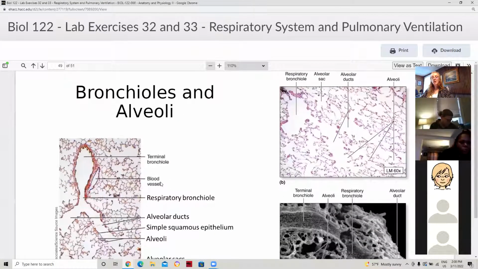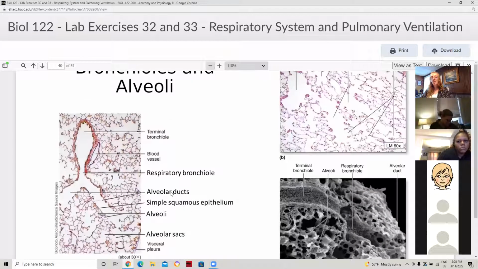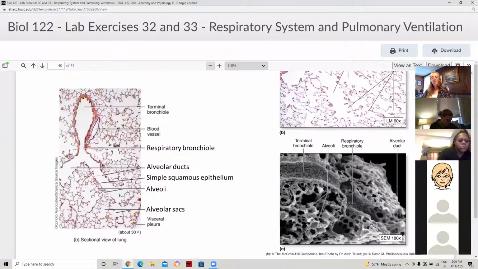Pictures looking at the alveoli and the ducts. Respiratory bronchioles lead off into the alveolar ducts. Alveolar ducts lead into the alveoli.